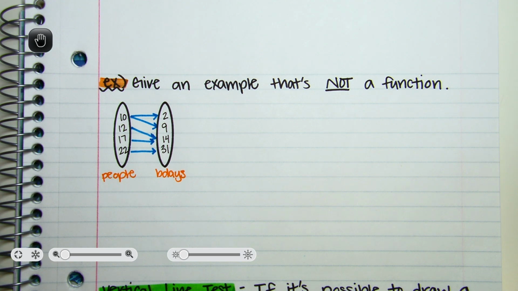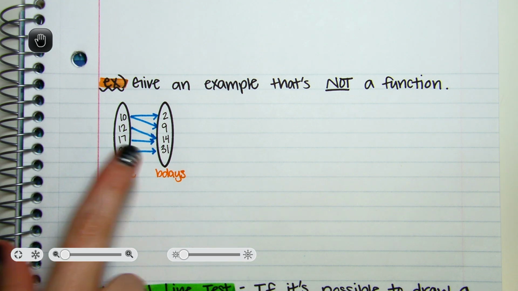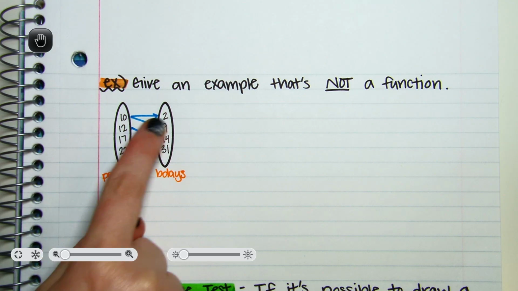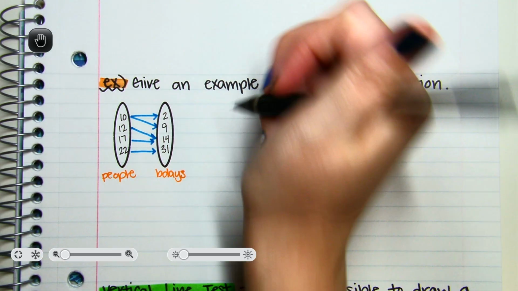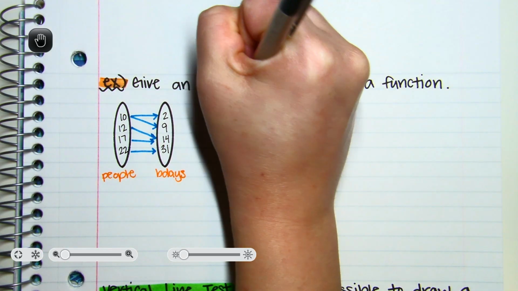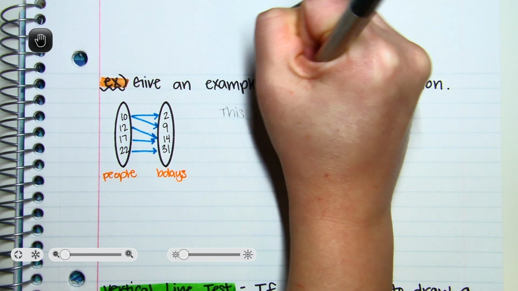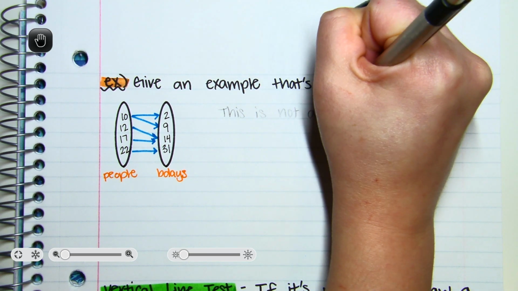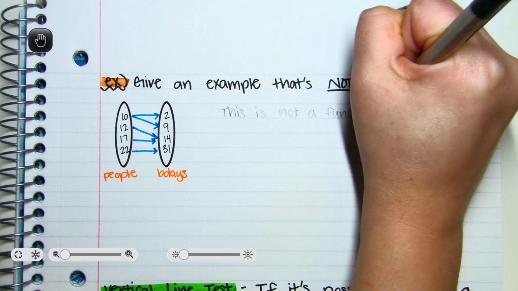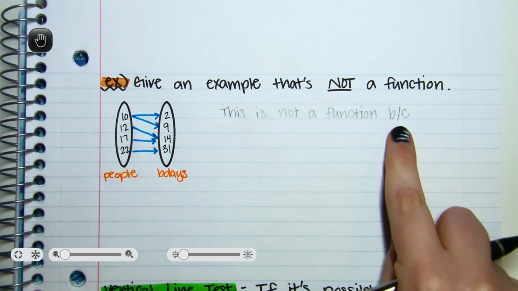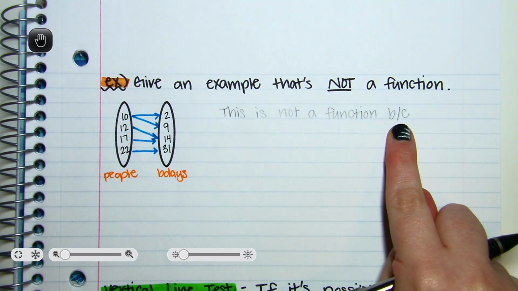So this would be a perfect example of something that is not a function, because the number 10 goes to 2 outputs. So I'm going to go ahead and write that out. This is not a function because, now remember, I abbreviate because as B/C.